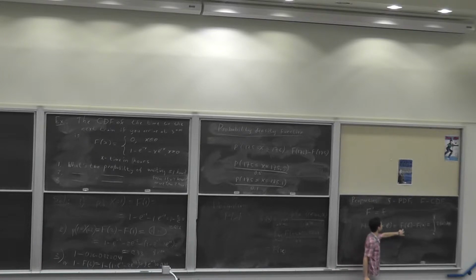If you know that small f is the derivative of capital F, then this integral is this difference. So this tells you that the probability of seeing the variable take a value between a and b is just the area under the graph of the density function from a to b.